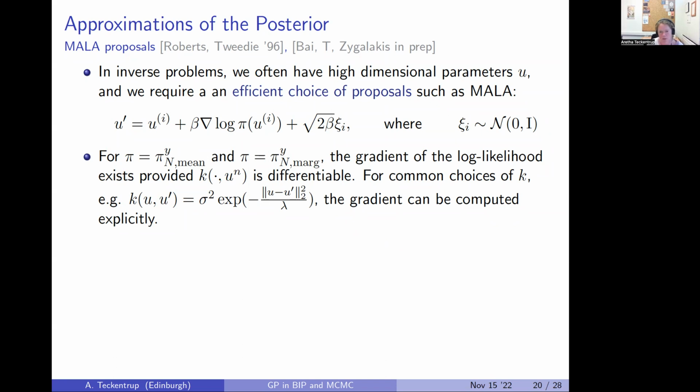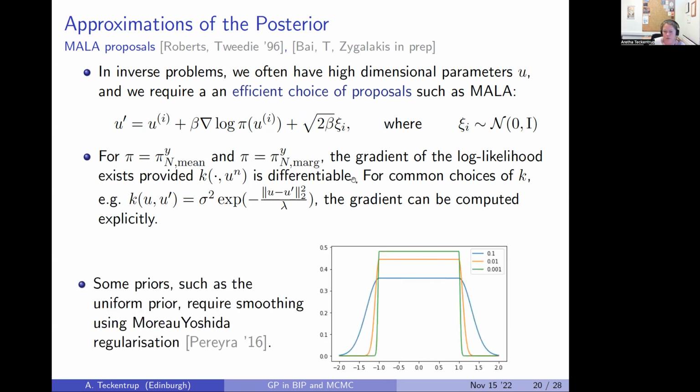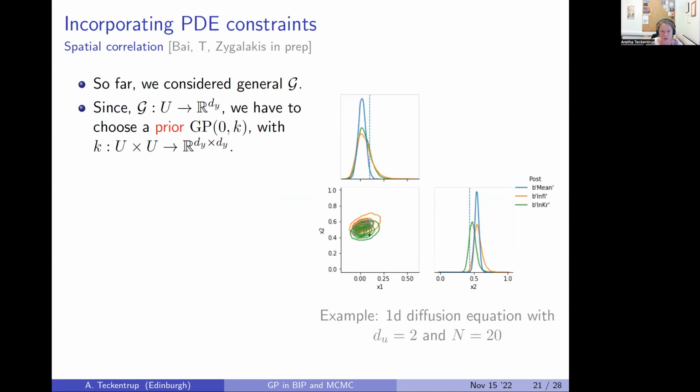Right, so that becomes quite easy. And then if you have a prior that's not smooth, computing this gradient can also be a bit complicated. But again, there's a lot of literature on how to deal with non-smooth priors, for example, using these Moreau-Yoshida envelopes. Okay. So then we have these methods, right? We have good MCMC methods for actually sampling from these posterior distributions.